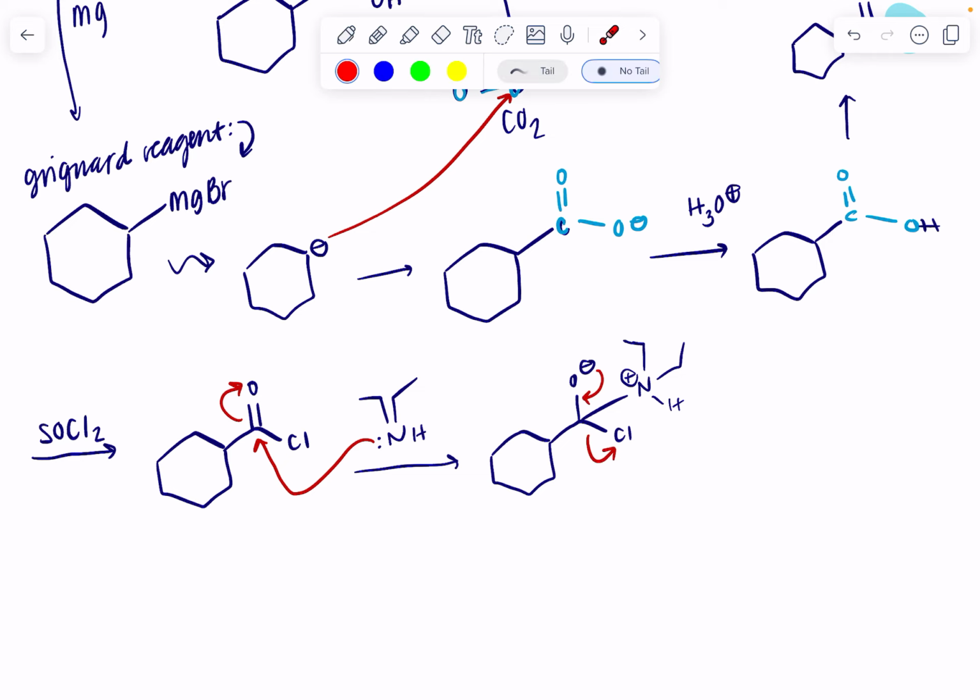We'll want to lose this hydrogen too, and you could probably do that with a base. Water may even work. This is a stronger acid than water.